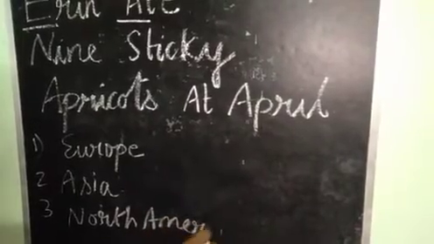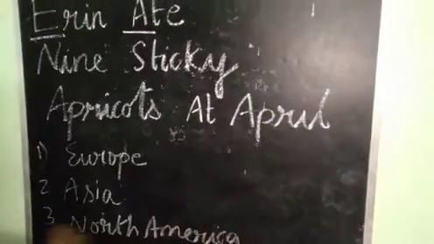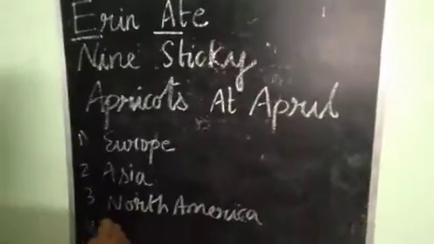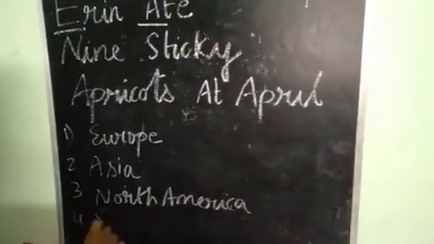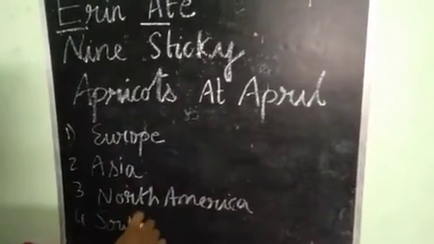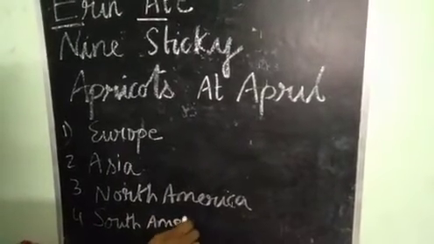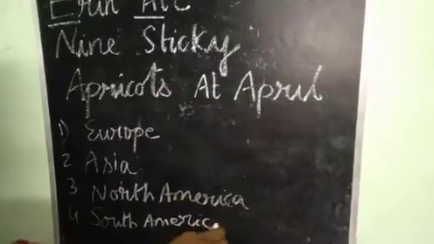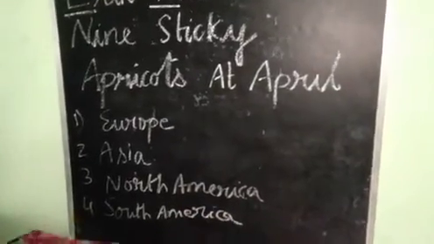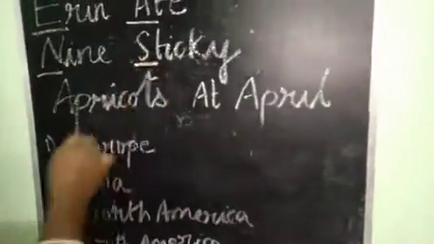You can easily remember if you know the sentence. It will be helpful for you to remember all the 7 names of 7 continents. S for South America. The starting letter of these words. North America, South America.